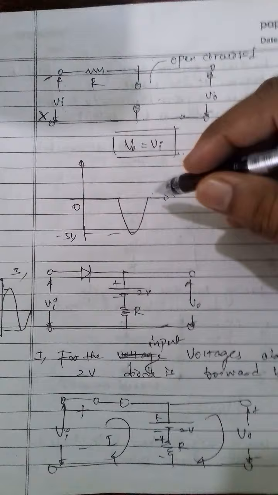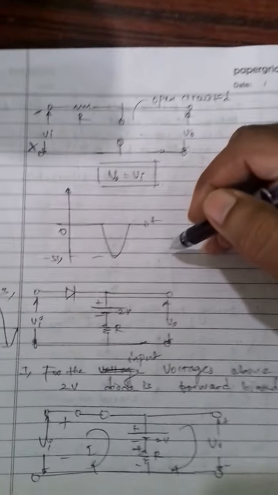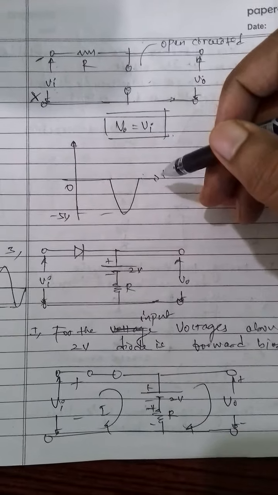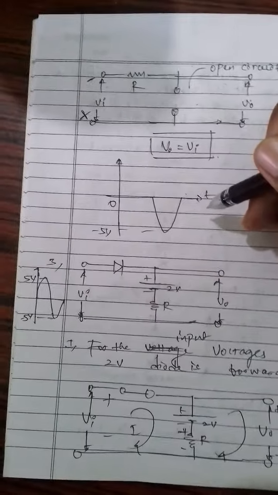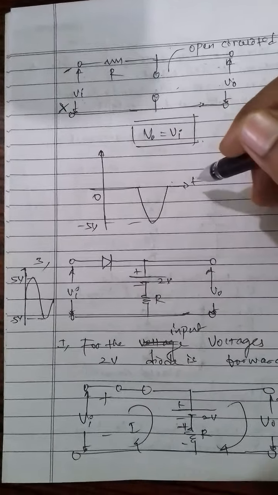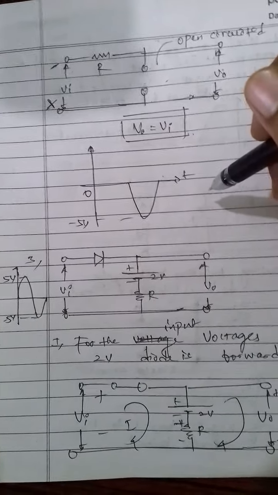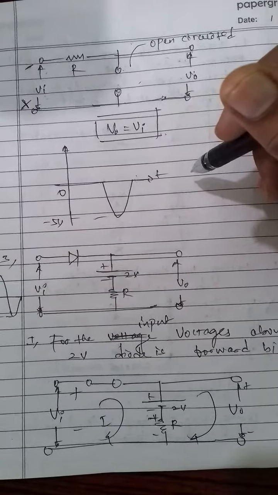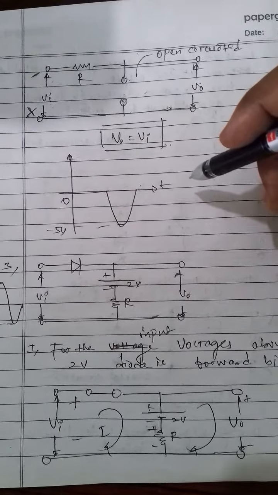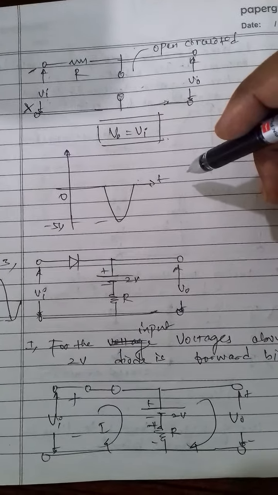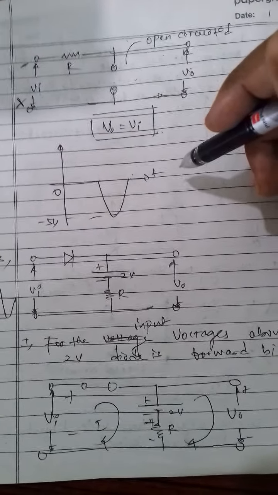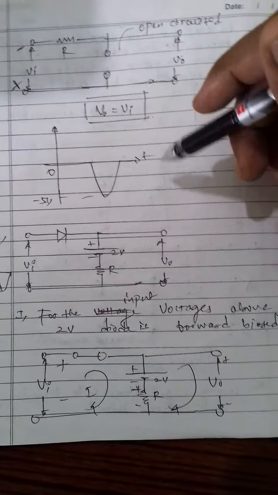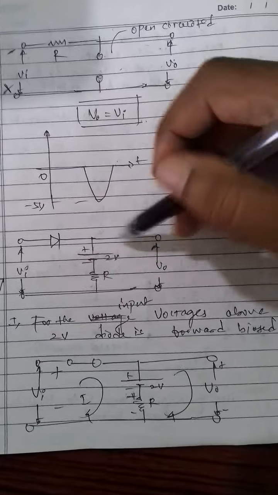if some DC voltage is applied in series with the diodes, if some DC voltage or a reference voltage is used, then depending upon our requirements, it is possible to clip the input waveform above or below that reference voltage.